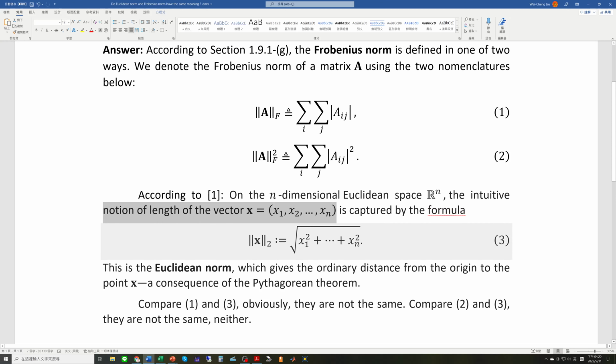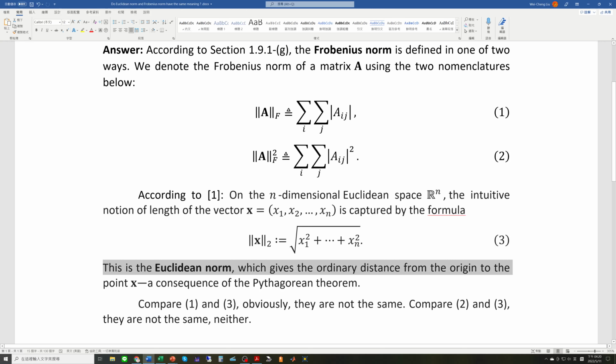So we can say this is the Euclidean norm of x, defined as the square root of x1 squared plus x2 squared plus up to xn squared. This is the Euclidean norm, which gives the ordinary distance from the origin to the point x, a consequence of the Pythagorean theorem.